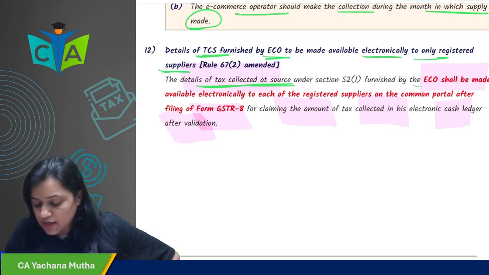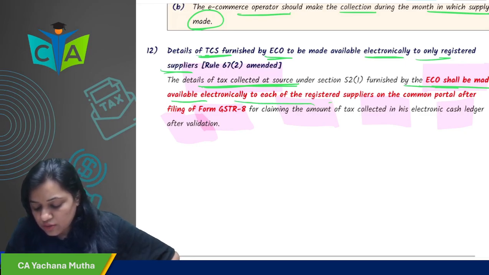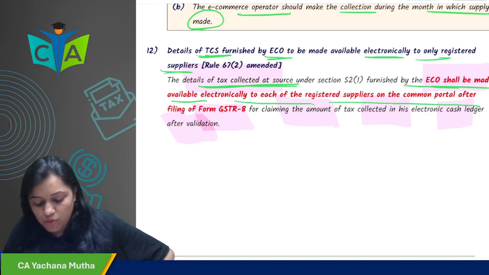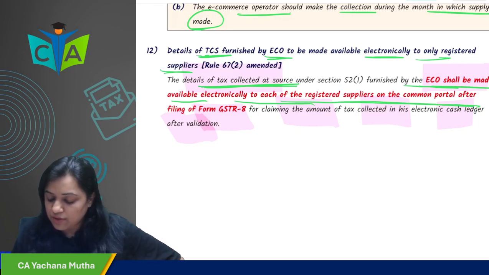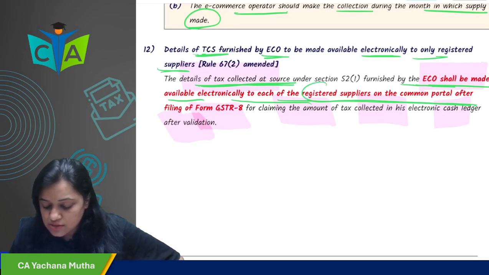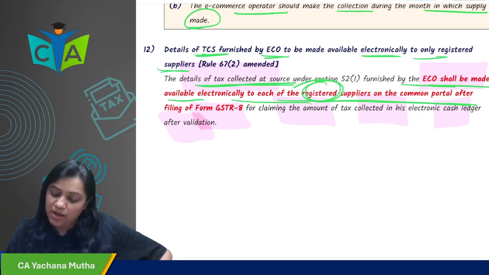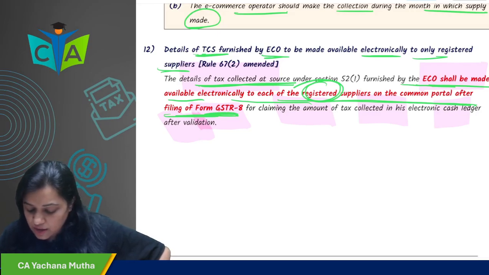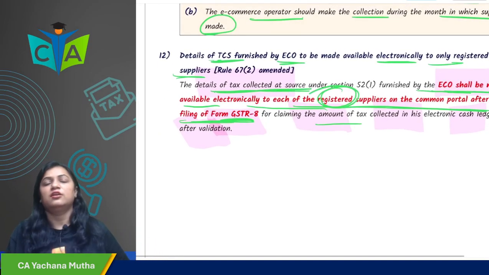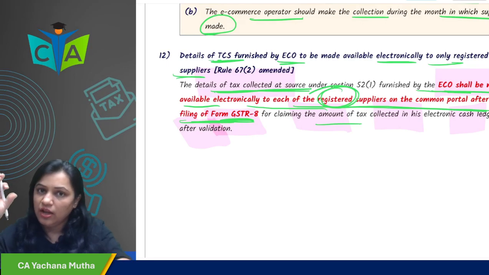It will be made available only to registered suppliers on the common portal after the ECO has filed GSTR 8. Then it will be reflected in the registered person's electronic cash ledger.